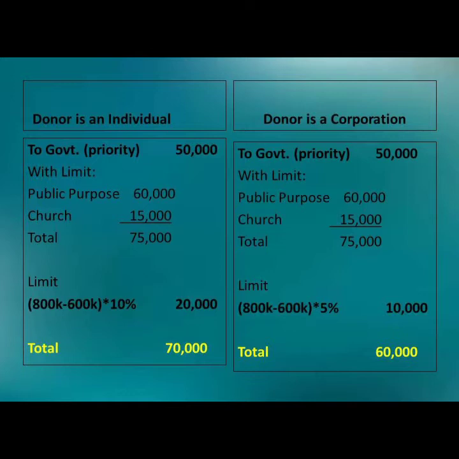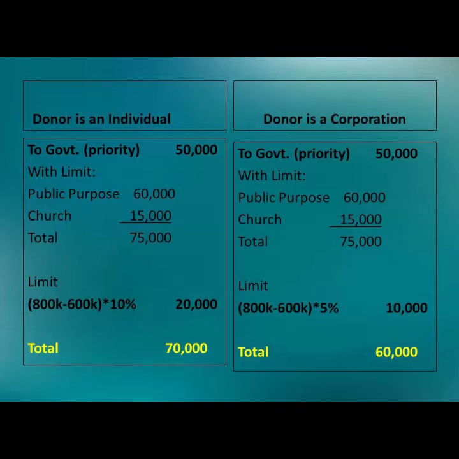The total actual contributions is 75,000, but we have to get the limit first. The limit is 10% of the taxable income derived from business. So gross income 800,000 minus business expenses before the contribution 600,000, multiplied by 10%, is 20,000 pesos.